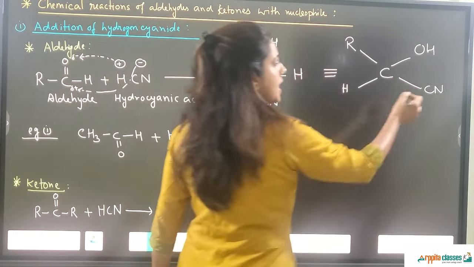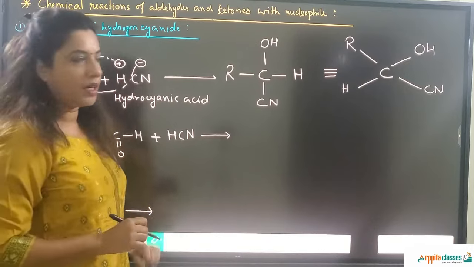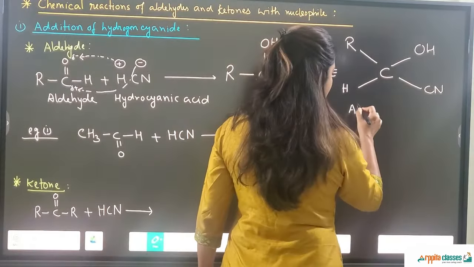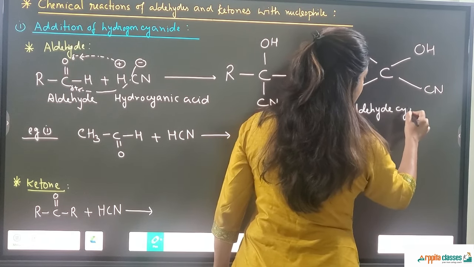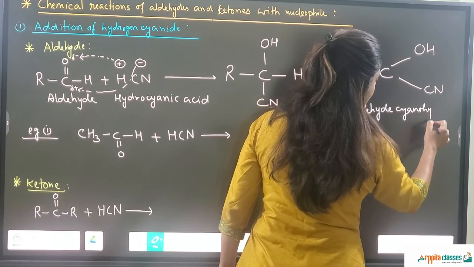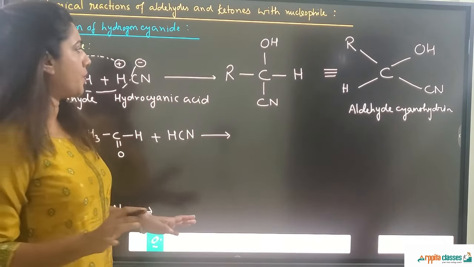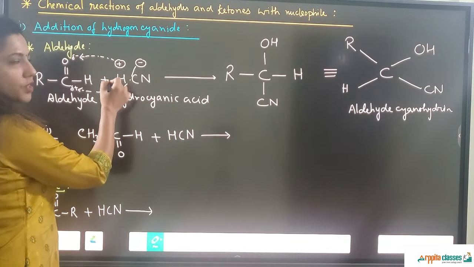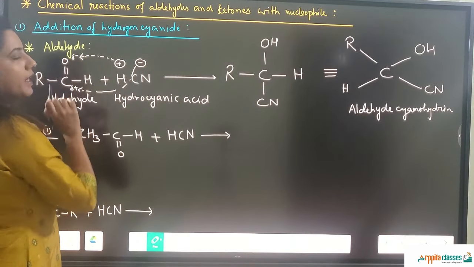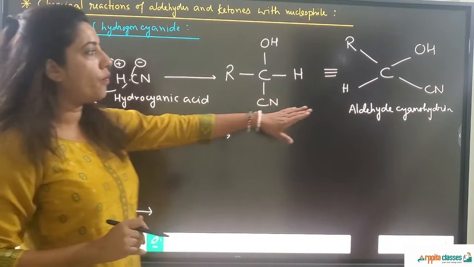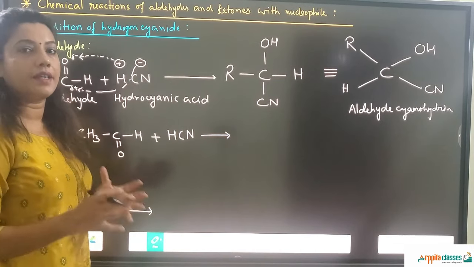This compound is called cyanohydrin. We got this cyanohydrin from an aldehyde, so the name of the product will be aldehyde cyanohydrin. I hope this is very easy to understand. The plus charge of the reagent will get added to oxygen, and the minus charge of the reagent will get added to carbon. This is an addition of the nucleophile, so it is called a nucleophilic addition reaction.